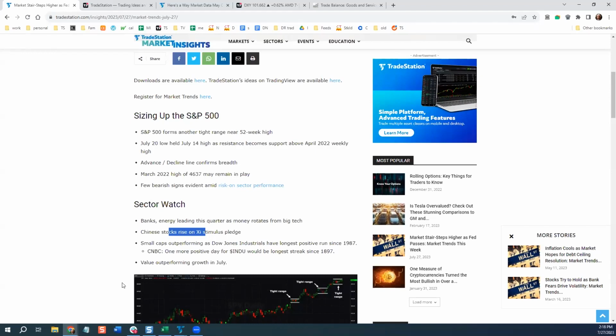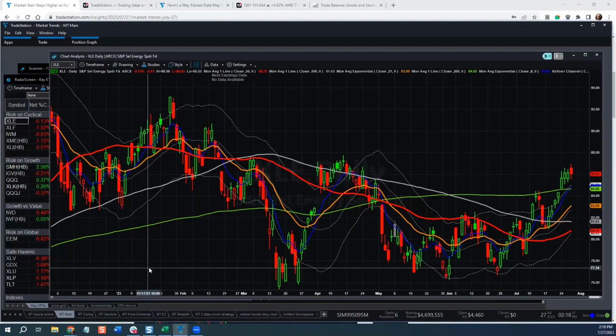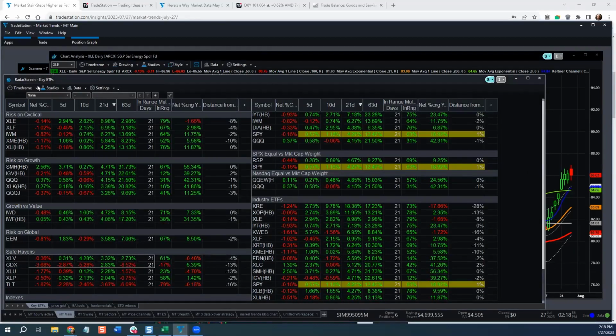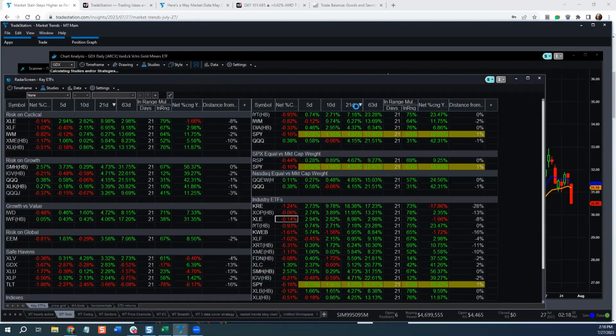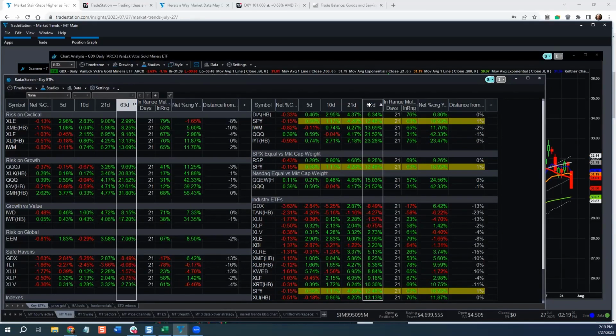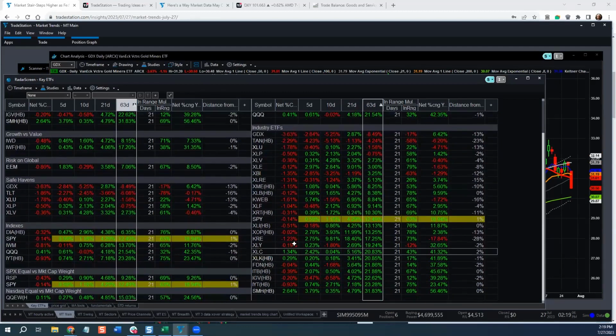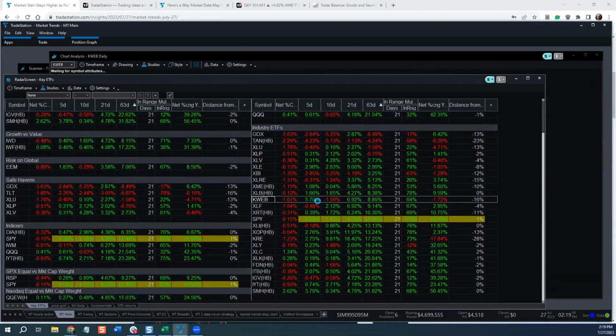So I wanted to highlight that as well. I think that's something else that is a potential positive for energy, a potential positive for metals, and a potential positive for some of these Chinese stocks that have done poorly on a year-to-date basis. You can see that when you look at the industry ETFs over here. If we look at KWEB, this has actually picked up in the last week.